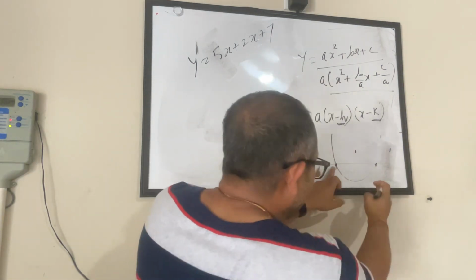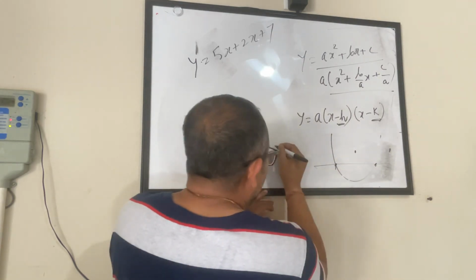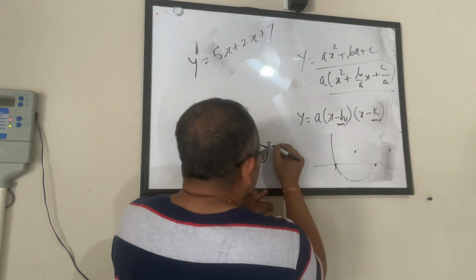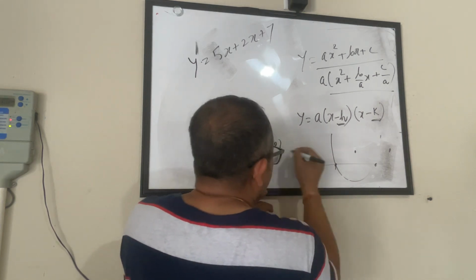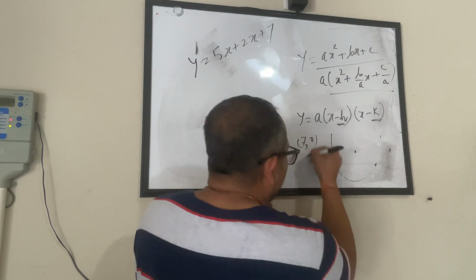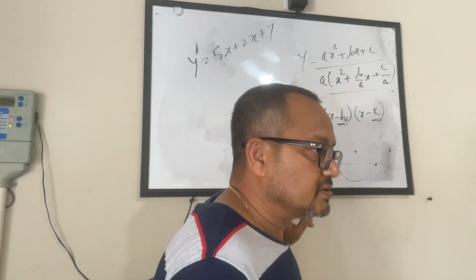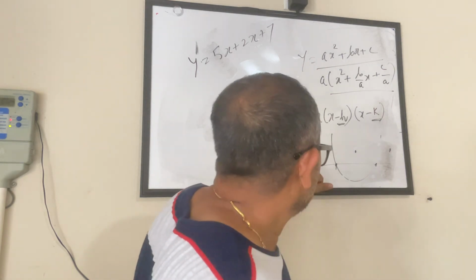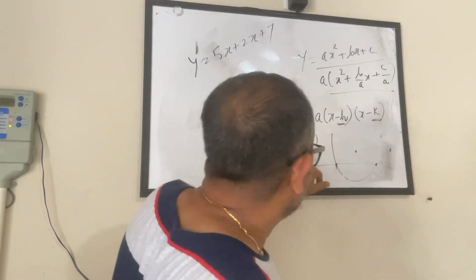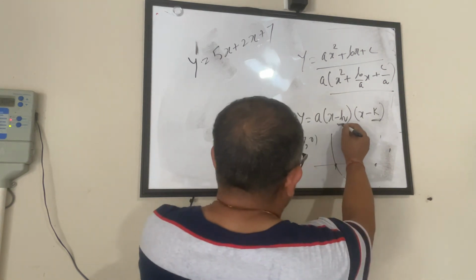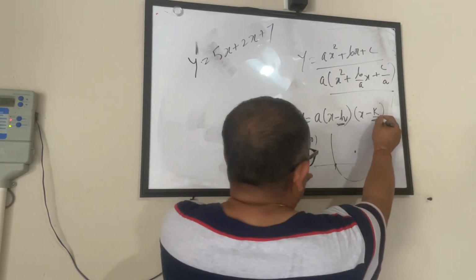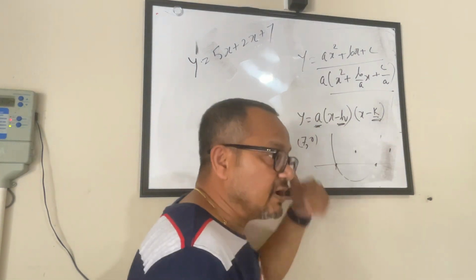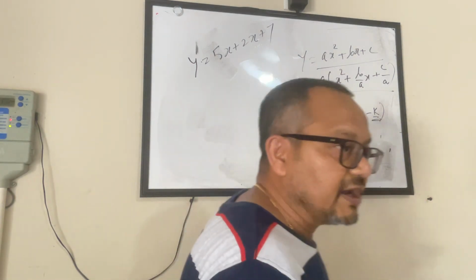So if somebody tells you that my parabola is crossing the x-axis at 2, 0 and 7, 0, find out the equation for the parabola. This may not be enough, because here you will replace h with 2 and k with 7, but the value of a is still not known. So that information will also be given to you to be able to derive that.